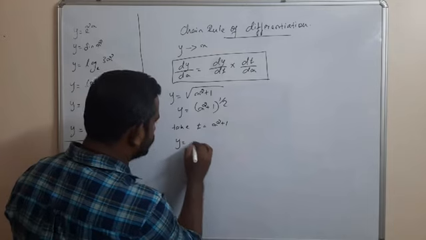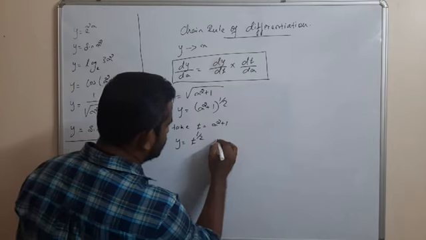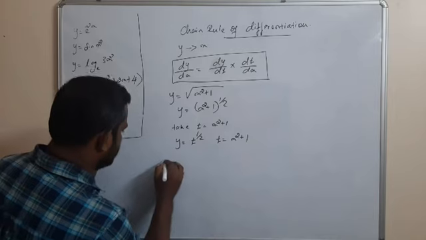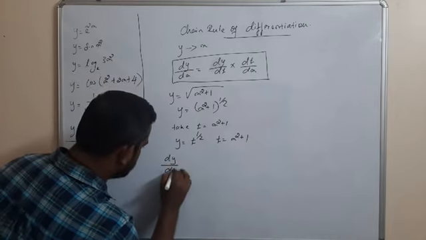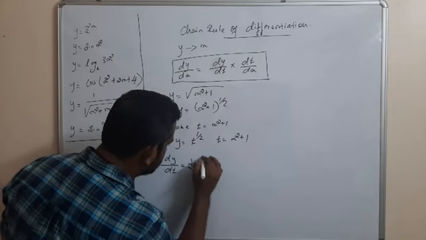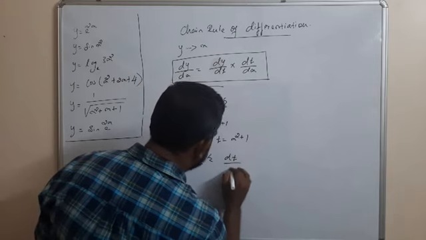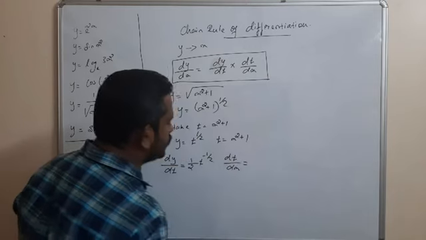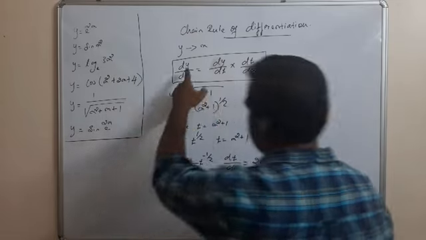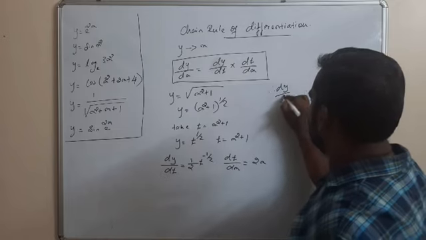Now y is equal to t power 1 by 2 and t is equal to x square plus 1. dy by dt is equal to half t power minus 1 by 2. dt by dx equal to 2x.